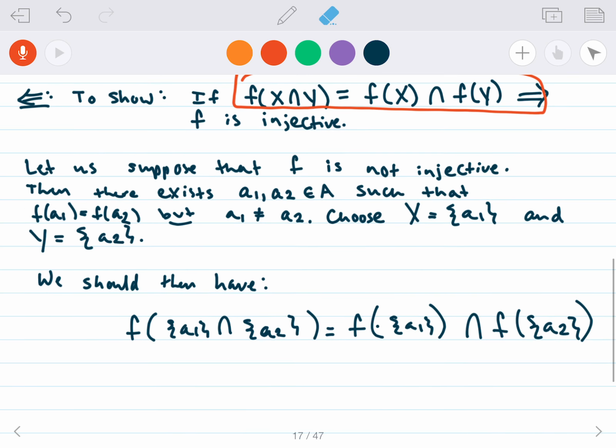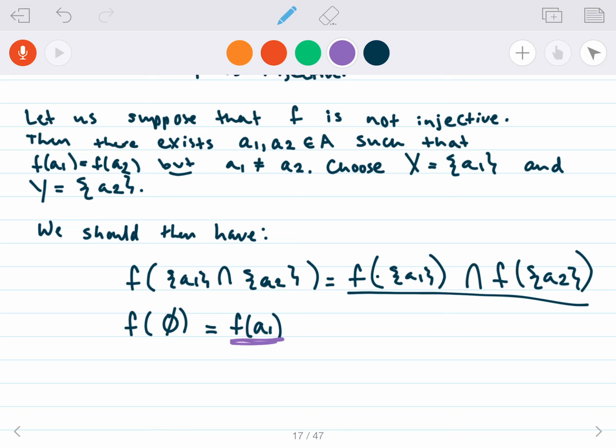All right, well, here's the problem. The problem is that a1 and a2 are distinct by the way that we chose them. And so this set intersection of {a1} and {a2} is going to be empty, since they're distinct elements. So this is going to be f of the empty set, and this should equal the intersection of f of a1 and f of a2, which by assumption are equal, so we can just choose this to be f of a1, or f of a2, doesn't matter.